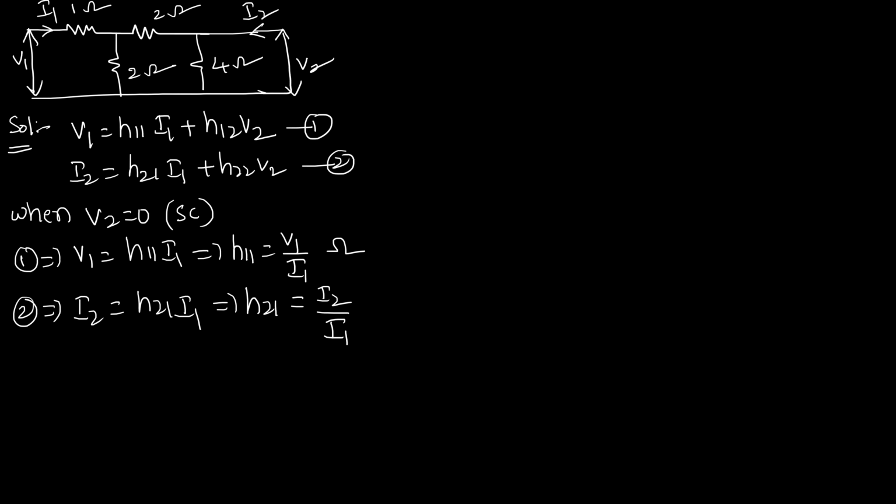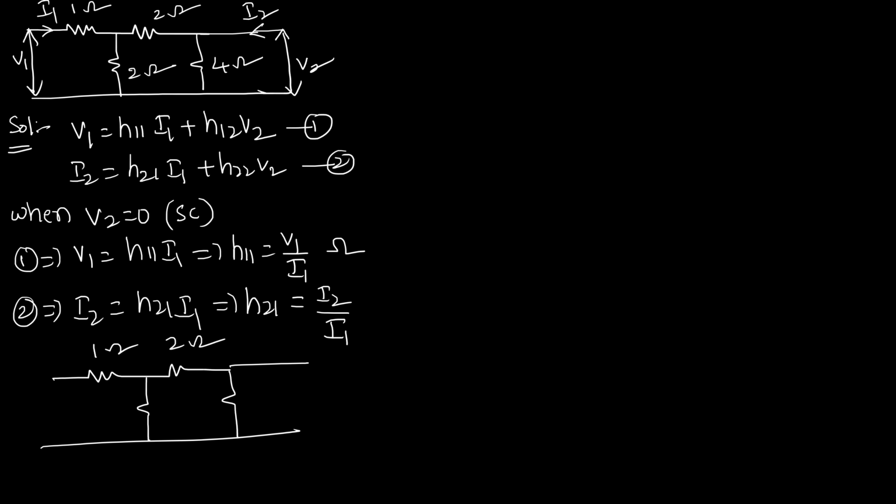Now under this particular condition, let us redraw the network. So this is 1 ohm, 2 ohm, again 2 ohm, and this is 4 ohm. Now V2 becomes 0, so we should not disturb the first port variables, that is V1, I1.